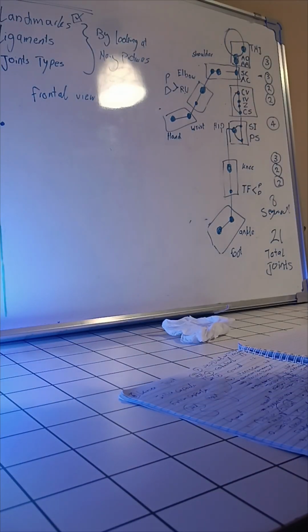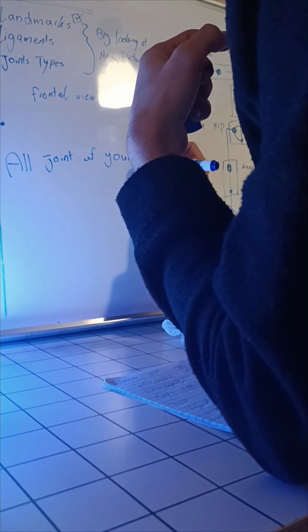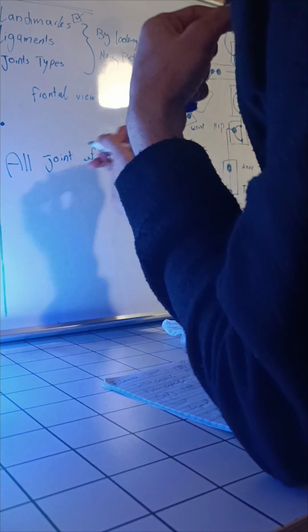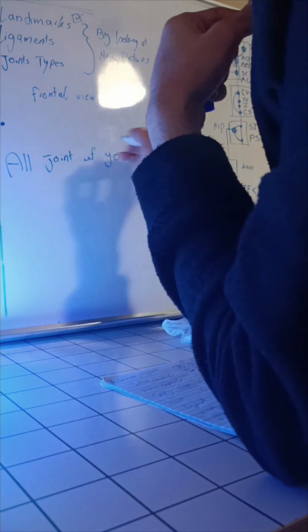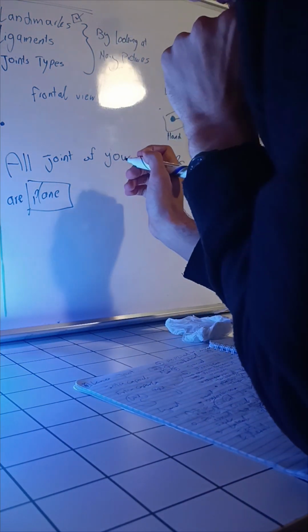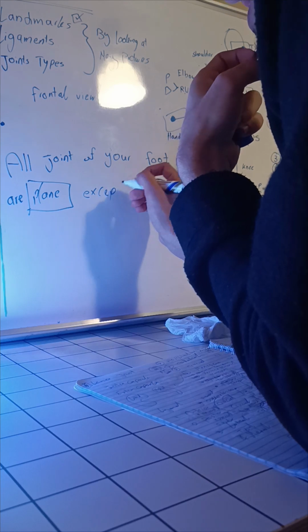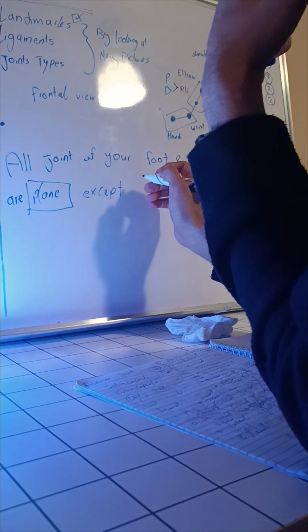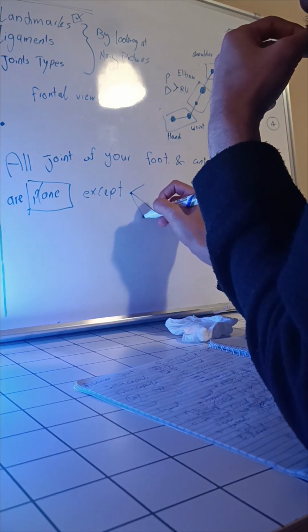If someone asks you about the type of joints, just remember this: all joints of your foot and ankle are plane, except for a few exceptions.